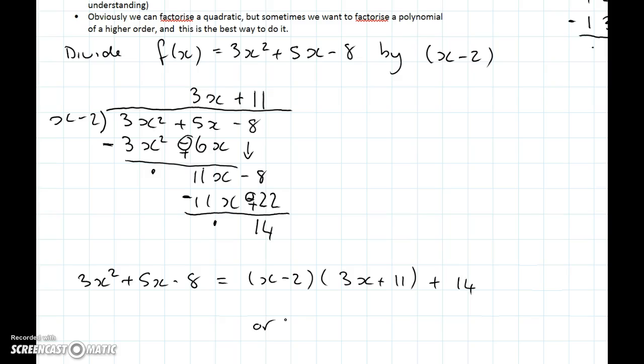Or I can say that f of x, in this case, divided by x minus 2 gives me 3x plus 11 plus 14 over x minus 2, because I always put my remainder over my divisor. So those are equal statements.